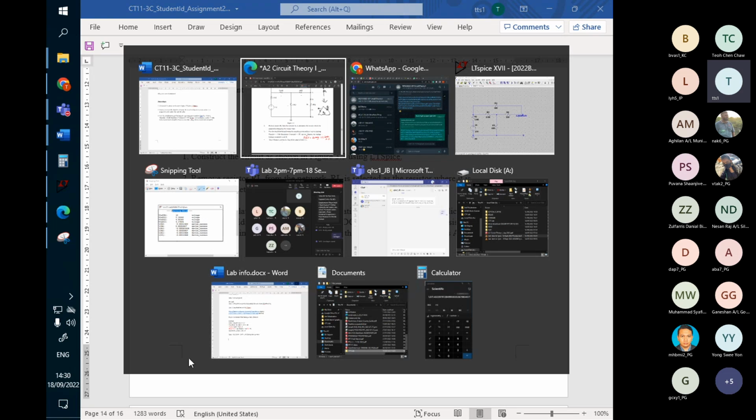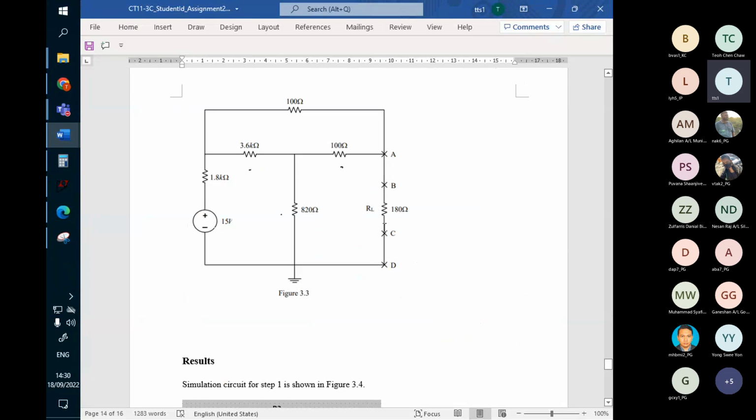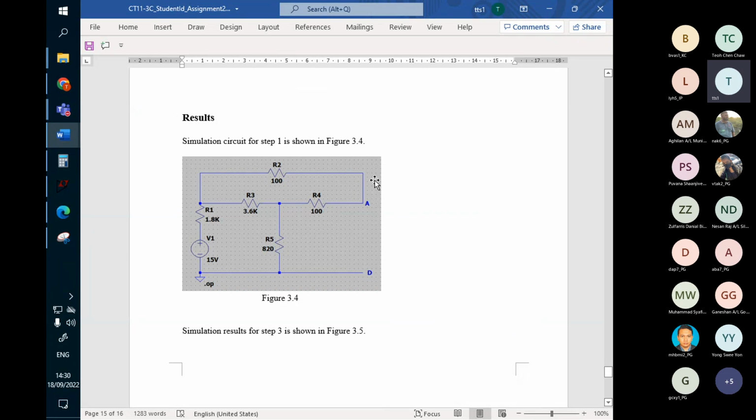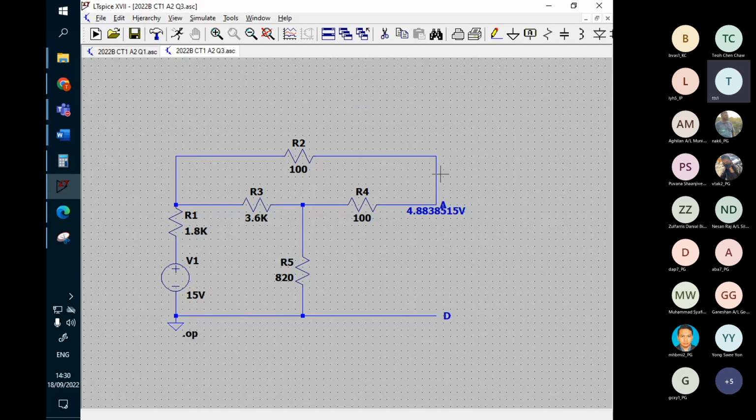When we do that, our previous circuit is no longer appropriate without the resistor, right? Later we need to recreate this one with the new one. Just go ahead and put in one dummy resistor here, like this.